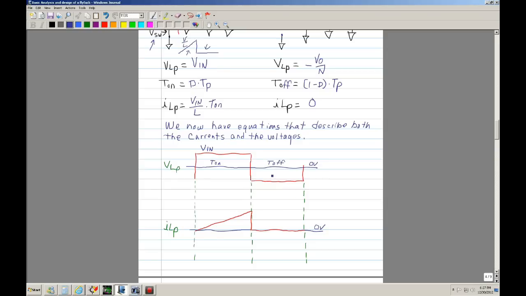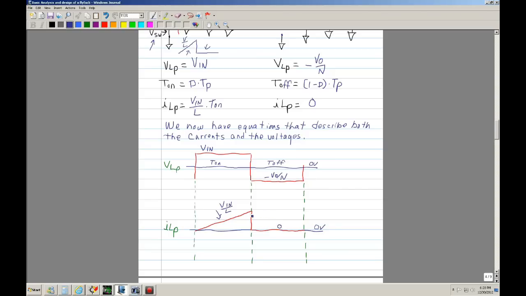Okay, and when it turns off, the voltage across the primary is negative V out divided by N. Now for the current, like I said before, this slope is Vn divided by L, and then during this time there's no current.